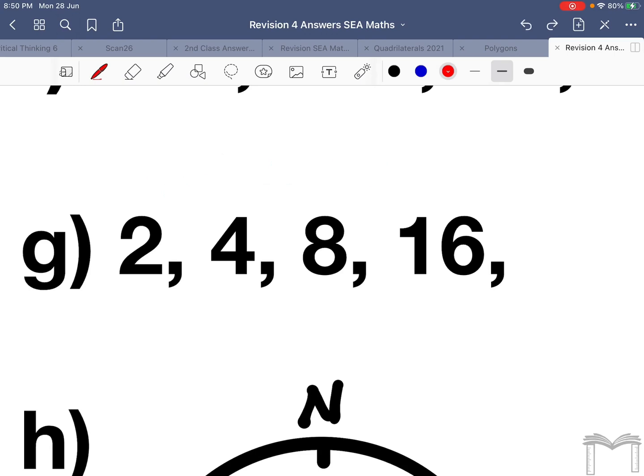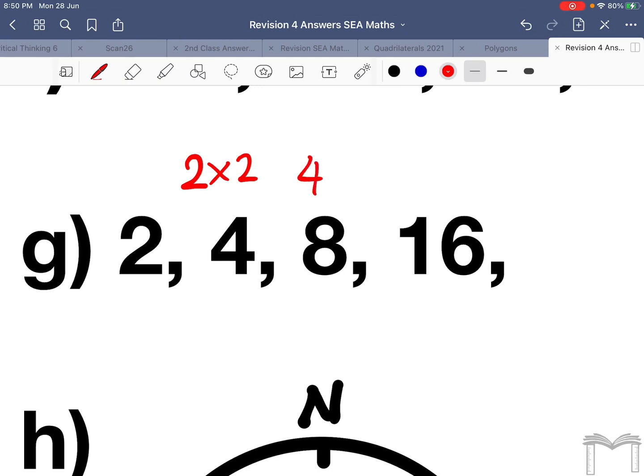The pattern here is 2 times 1 is 2, followed by 2 times 2. So what we are doing actually is multiplying the first term by 2, or the previous term by 2. So the first term is 2, the second term is that last term times 2, so we get 4.